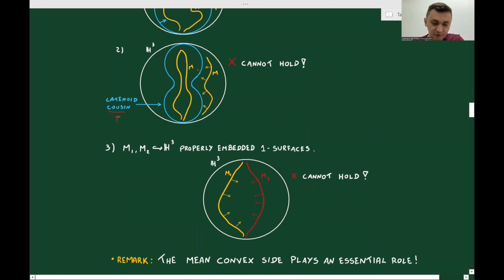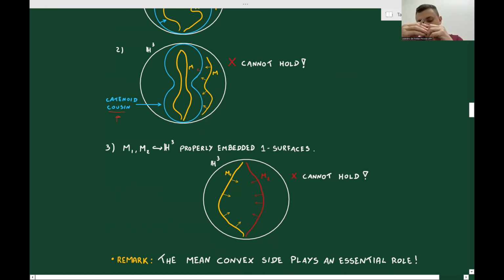And moreover, if we consider a strong version, we just pick a CMC-1 surface properly embedded in the hyperbolic space, and we assume that this surface defines a mean convex region, like in this picture. So this cannot happen.